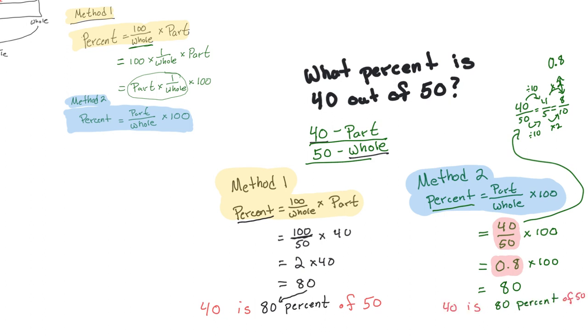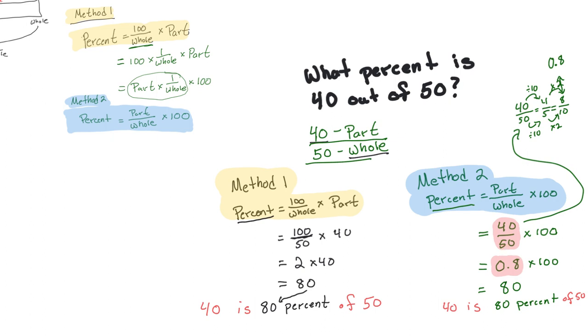Now, what we want to do is compare and contrast these. We got the same answer, and they're about the same amount of steps, but which one was easier to calculate? Was it easier when I had 100 over the whole times the part, or the part over the whole times 100? So was it easier to think of 100 over 50 or 40 over 50?